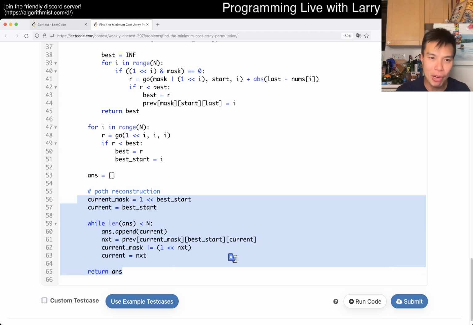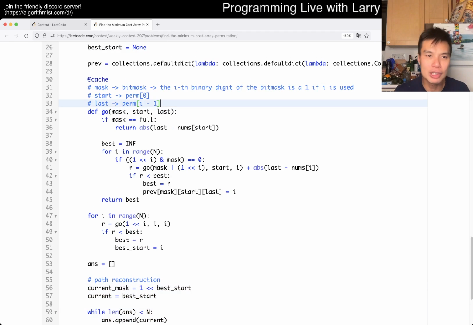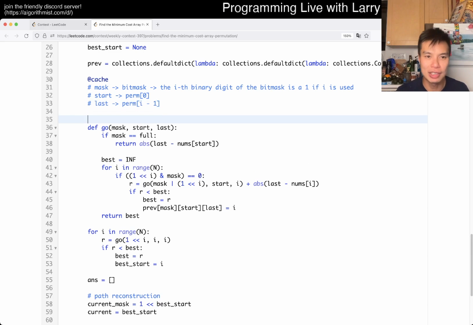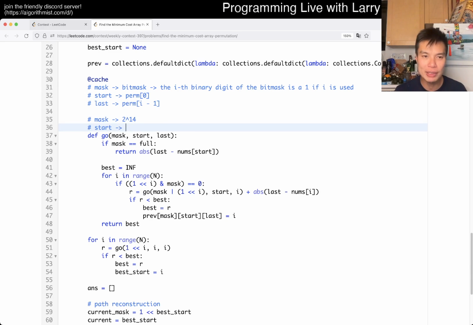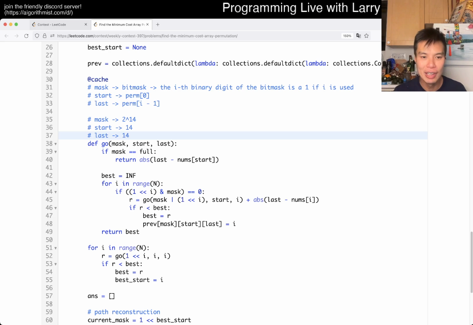So what's the complexity here, right? As we said, the mask is going to be 2 to the 14. Start is 14, last is 14, and that's the number of all possible inputs.